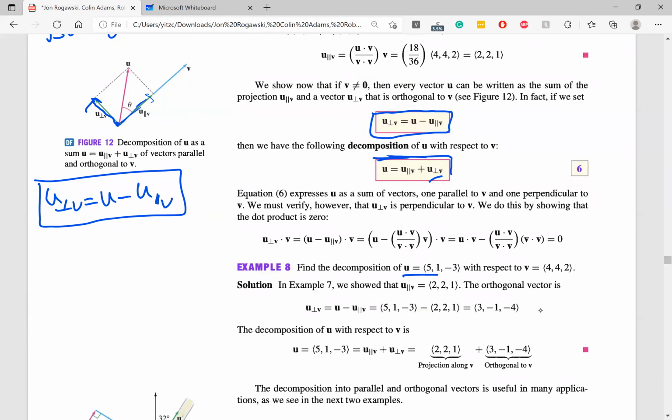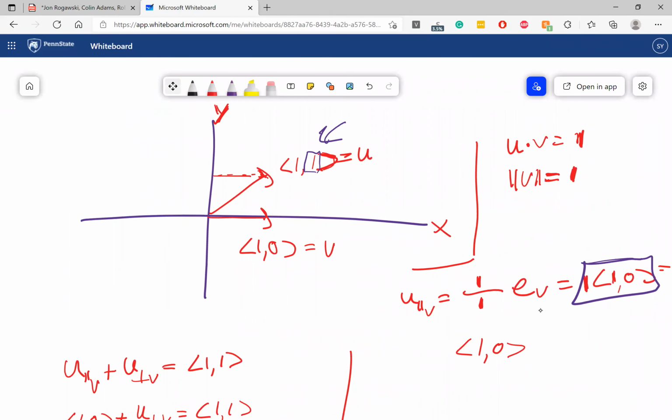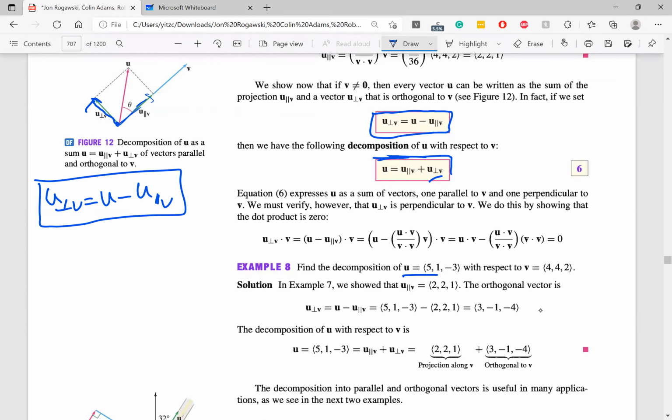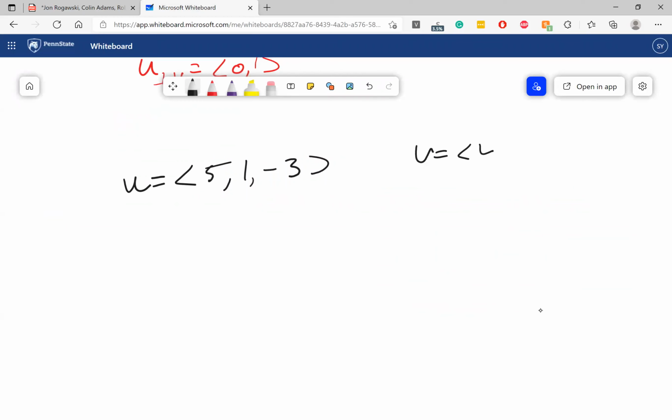to decompose U with respect to V, which means find the projection and find the orthogonal component. Well, let me write this on another page. U is equal to 5, 1, -3, and V is equal to 4, 4, 2.